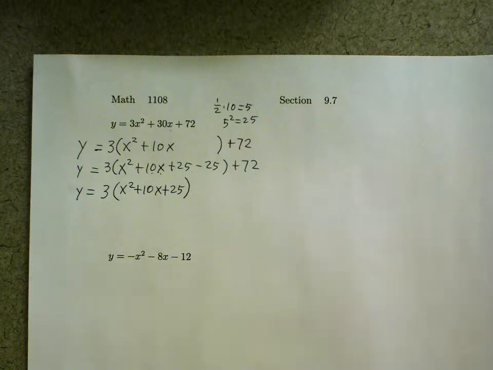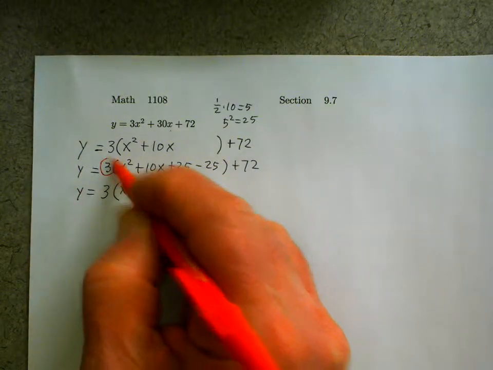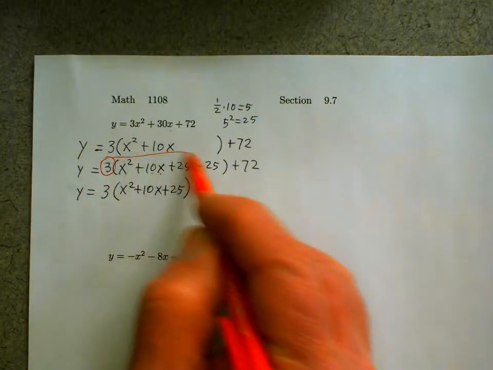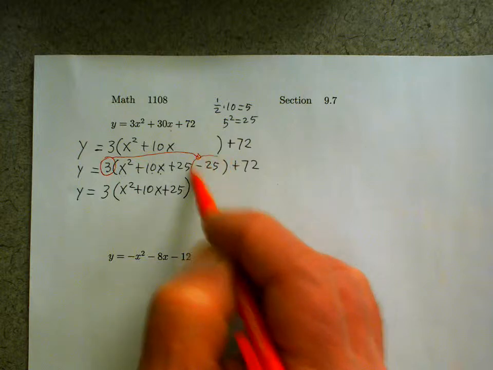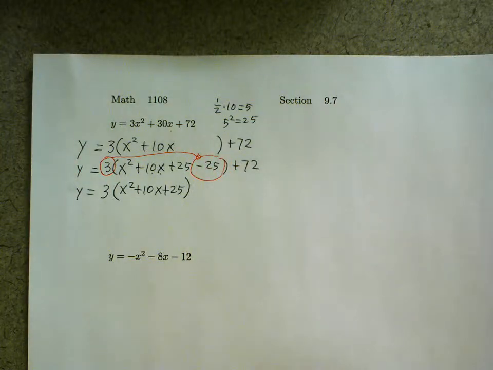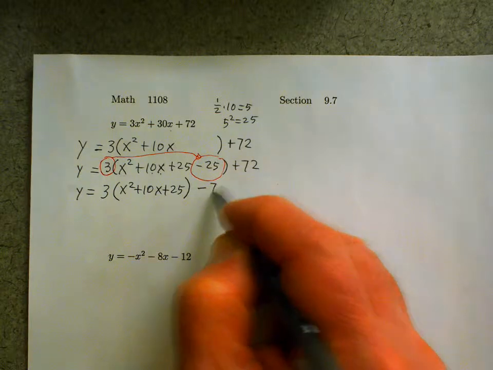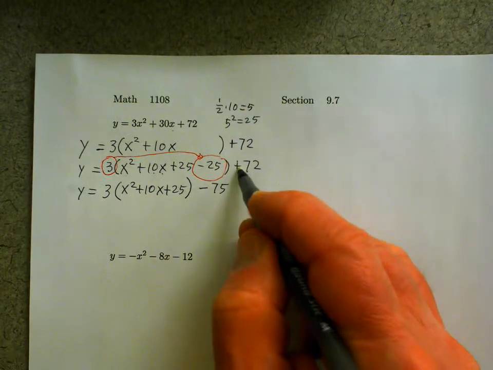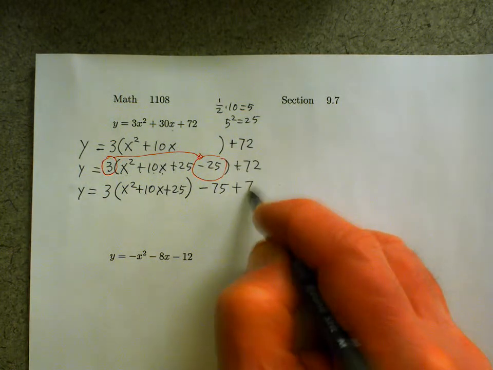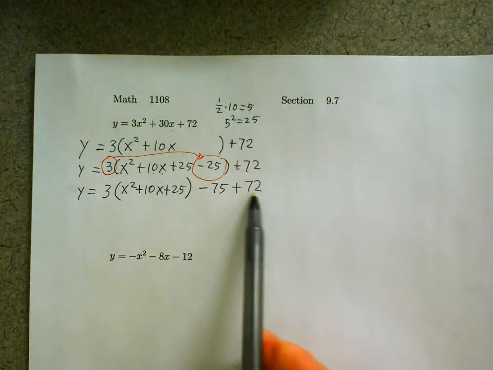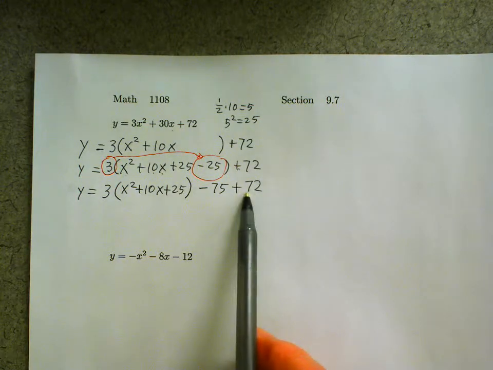Nope. We apply the distributive property. We multiply 3 times negative 25, which is minus 75, and we write it together with the plus 72 that's already on the outside. So don't forget the 72 that's already out there.